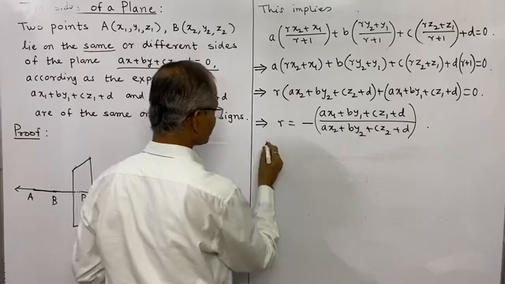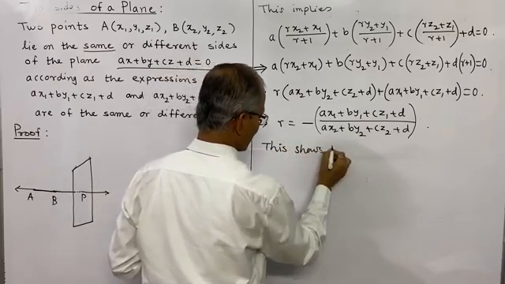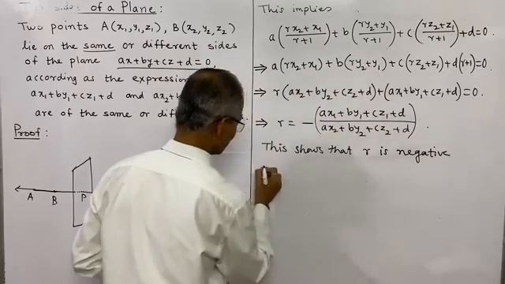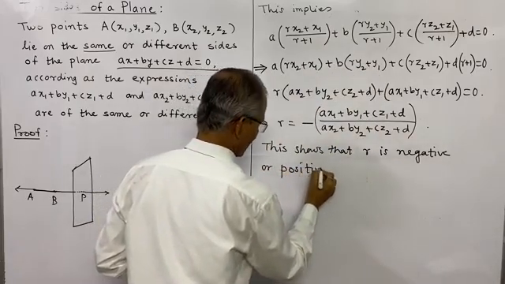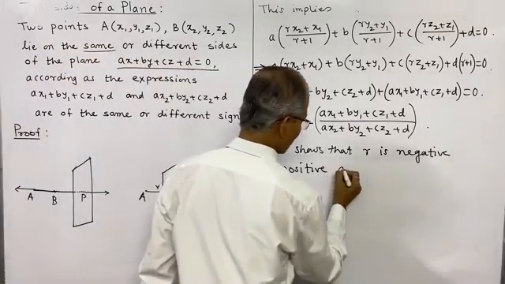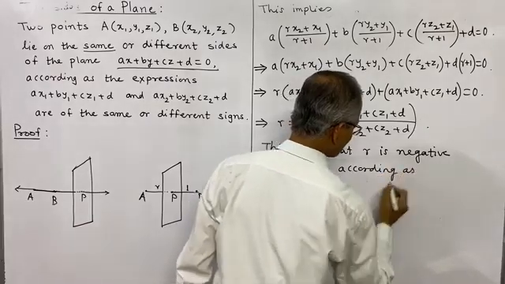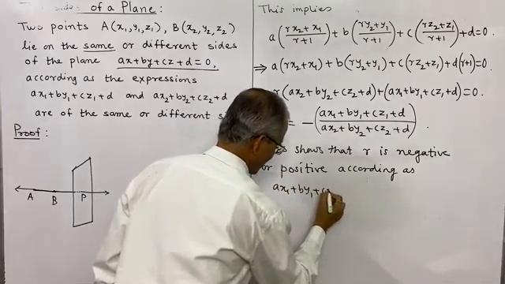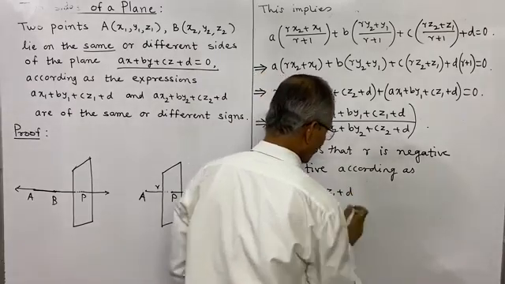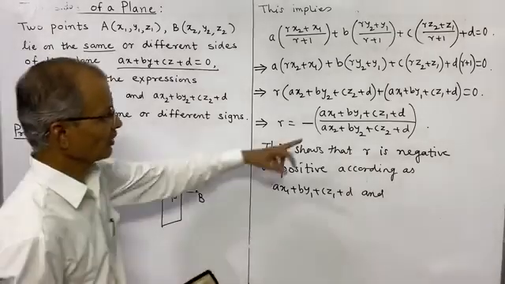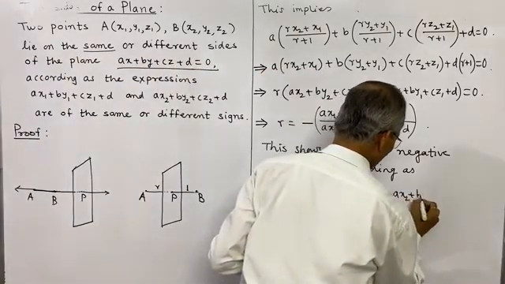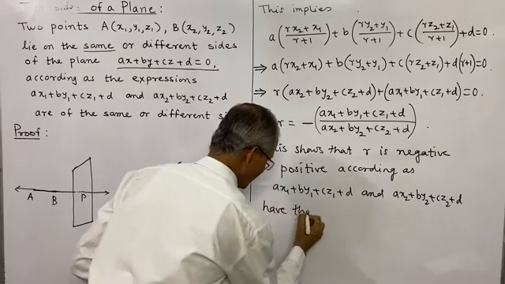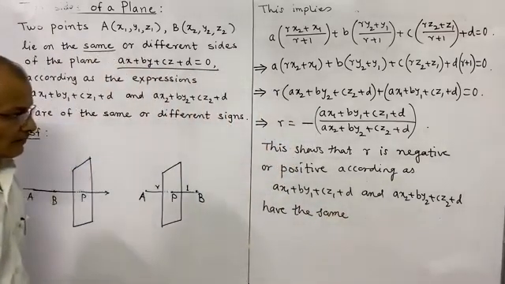This shows that r is negative or positive according as these two expressions, only the left side, and it is not an equation, it is an expression, the numerator, have the same or different signs.